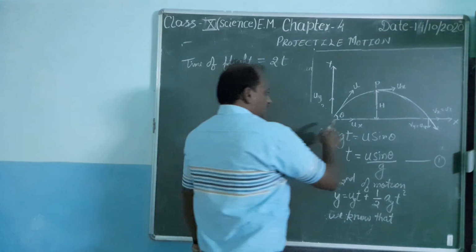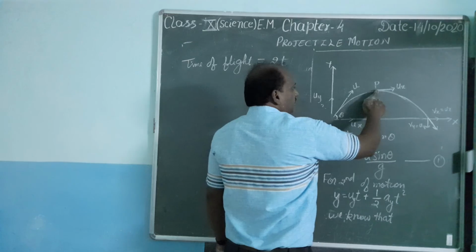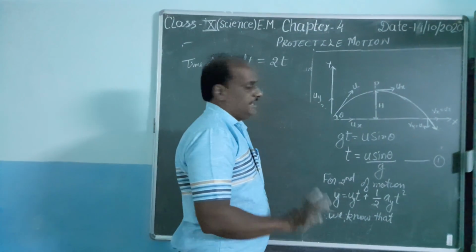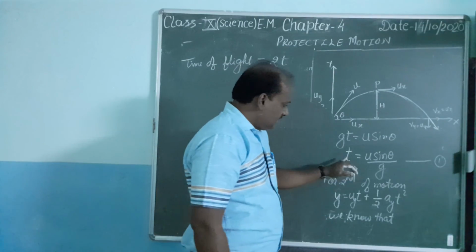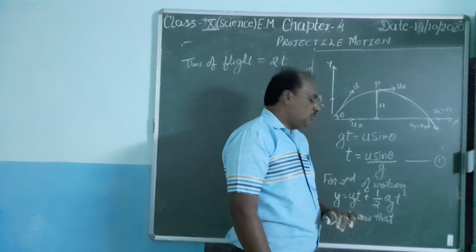This is the time taken to reach the maximum height, that is at point P, which we have already derived: t equals u sin theta upon g.